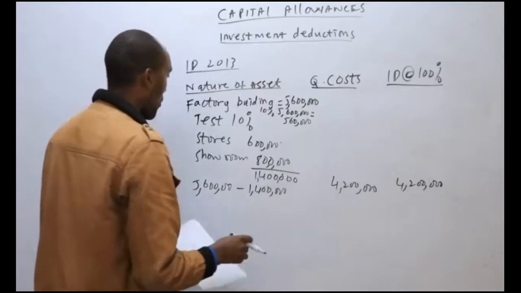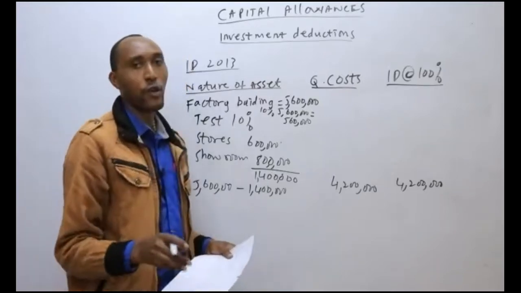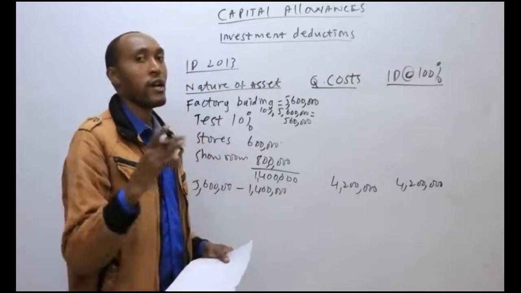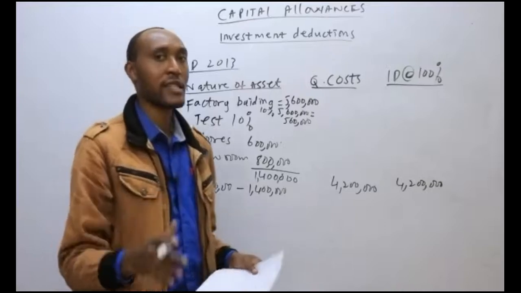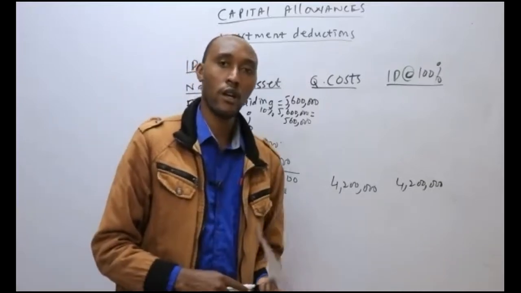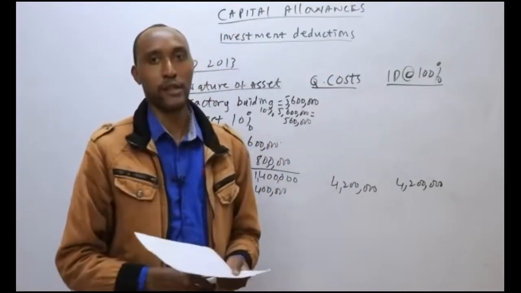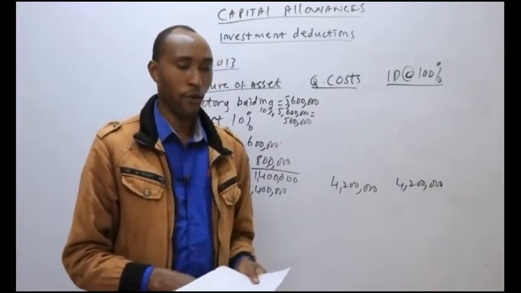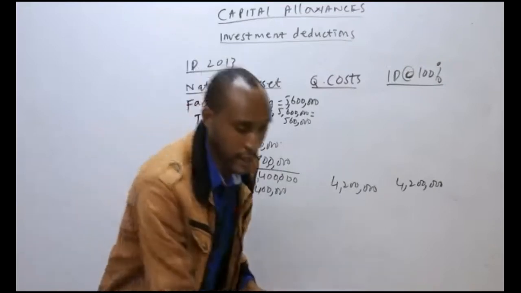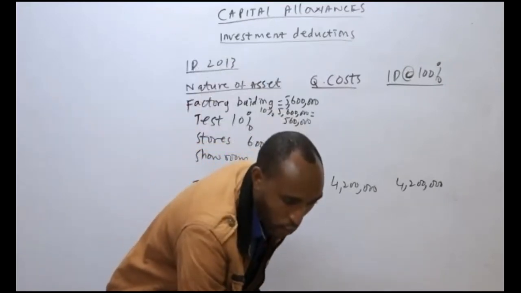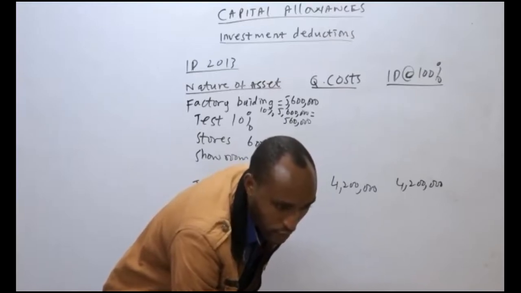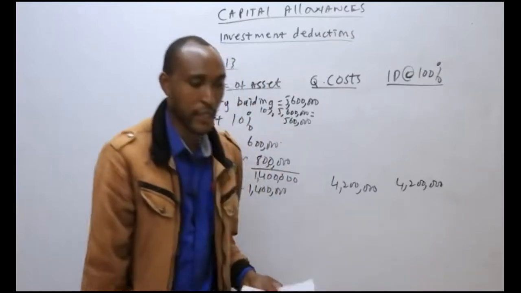So we ask ourselves, out of the question, what else qualifies for investment deduction? Remember, I gave you a list of the items which qualify to be in investment deduction. So from our question, I can share it again. If I look at it, I have a factory building, okay?